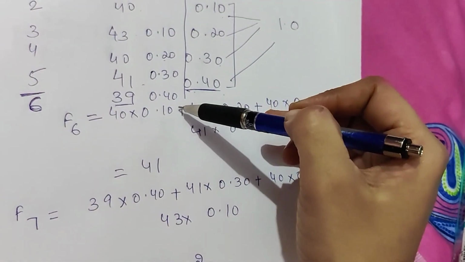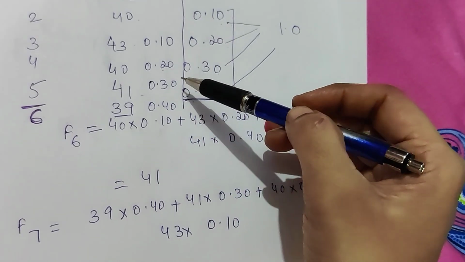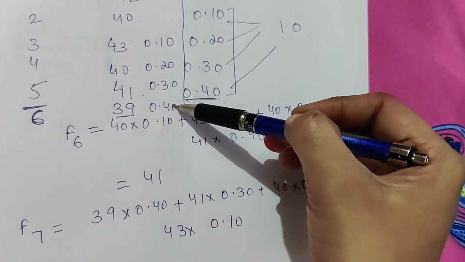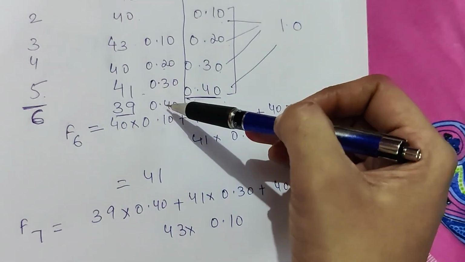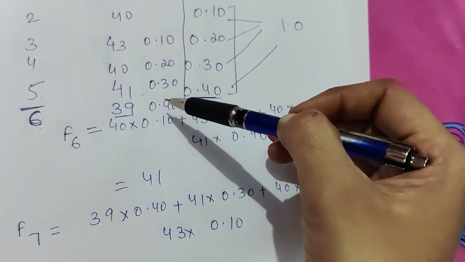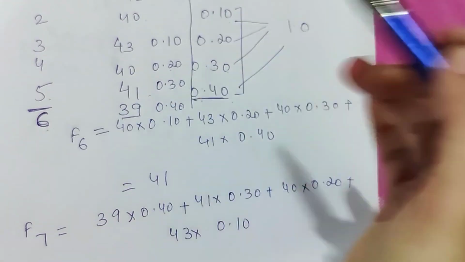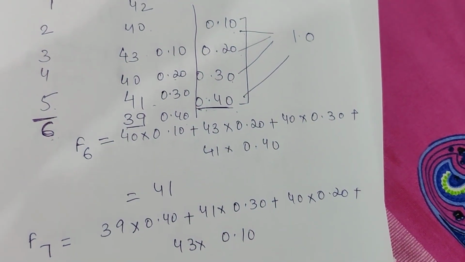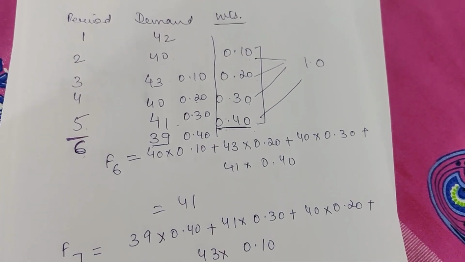These are not fixed for any time period. These are fixed in the sense that they have told you that 0.40 is the weight of the most recent period. Earlier the most recent was the 5th, now the most recent period is the 6th. Now the 0.40 weight will be of the 6th period. Right? So this is how we calculate the forecasting values with the help of weighted moving average method.